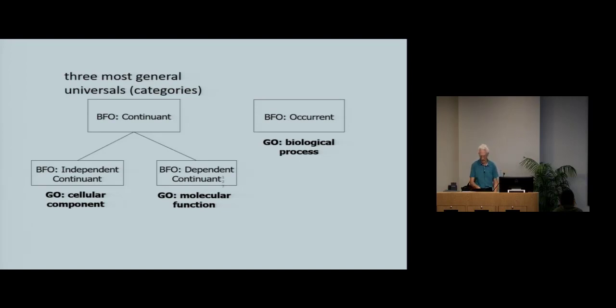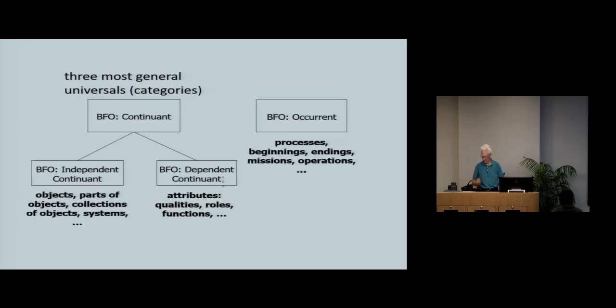And then some continuants depend on independent continuants. For instance, qualities such as temperature, functions such as the function to screw screws, which is the function of a certain screwdriver. And then occurrences are things which happen to independent continuants, for instance, dying or smiling.